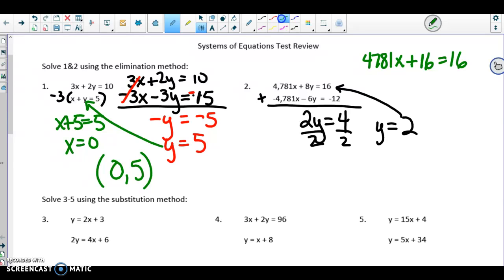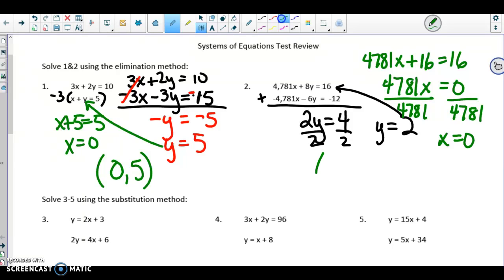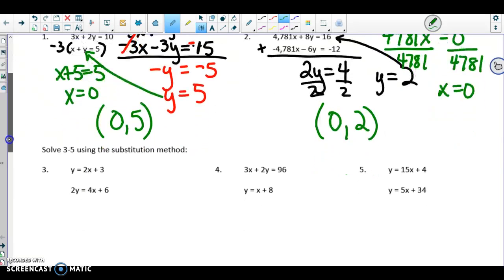Well, when I subtract 16 from both sides, I have 4,781x equals 0. Divide both sides by 4,781. Well, 0 divided by 4,781 means that x equals 0. So my solution would be 0, 2. Again, use Desmos to check yourself.